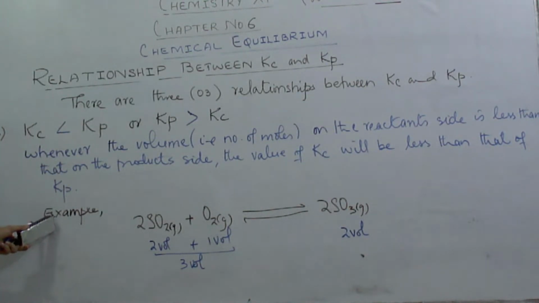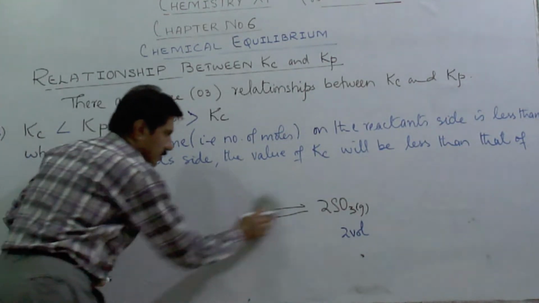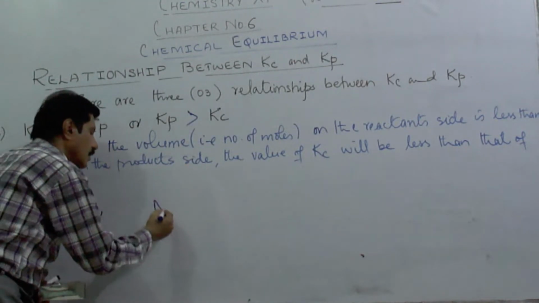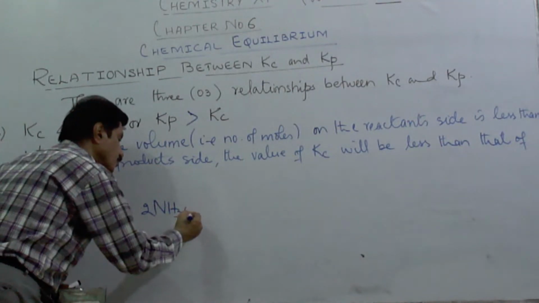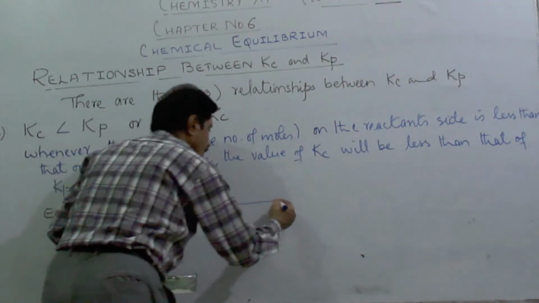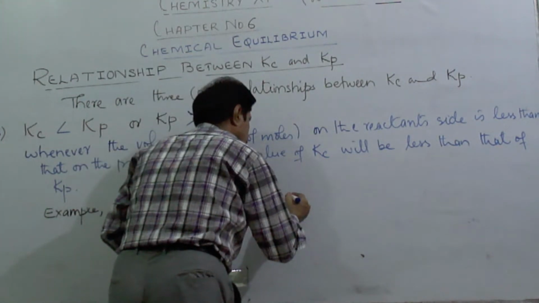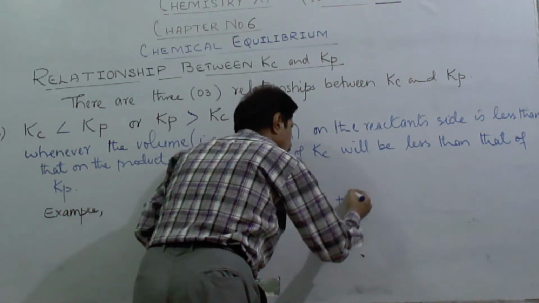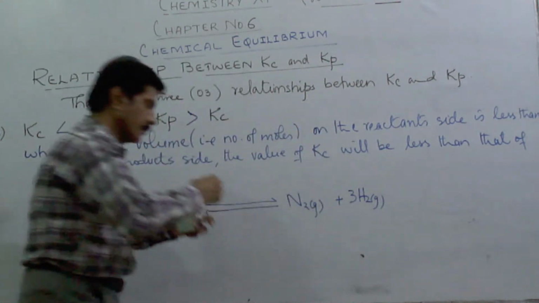Now the particular example in this case I am writing on the board as two moles of ammonia gas are dissociated to give 1 mole of nitrogen gas along with 3 moles of hydrogen gas.